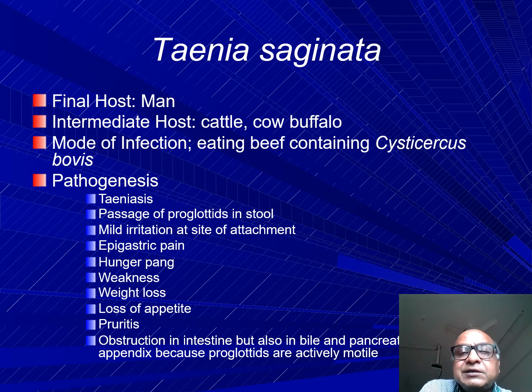This kind of meat is also known as measly meat, because like measles there are many small spots in the meat, which can be visible to a person who knows about this. The pathogenicity is not much with the Taenia saginata, but occasionally obstruction may occur. Otherwise, non-specific vague abdominal symptoms are there.